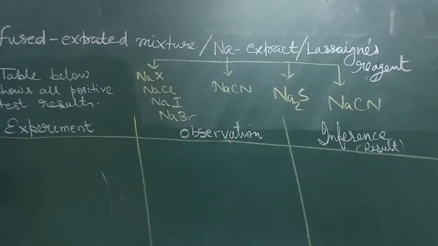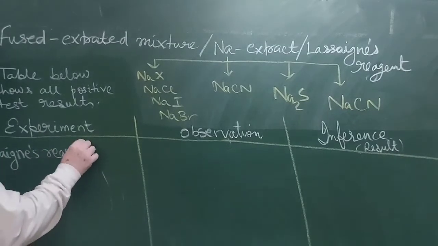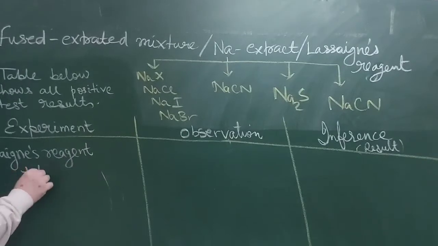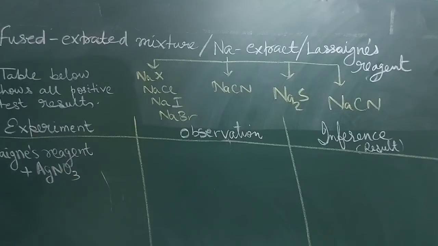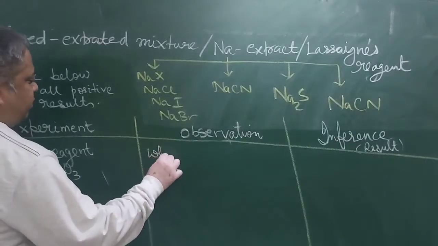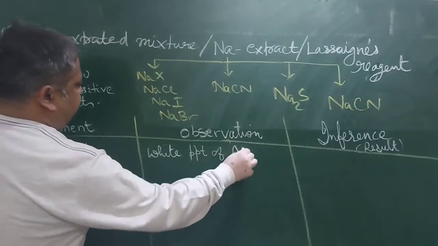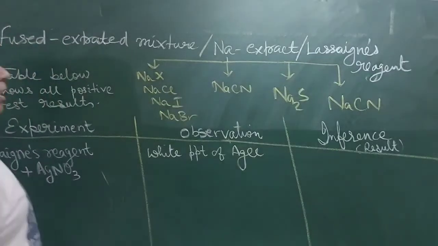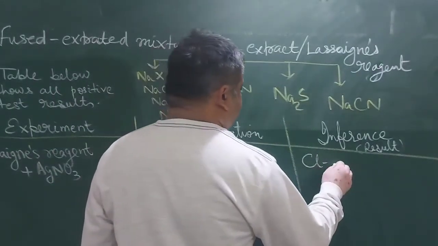Alright. So experiment number 1. Lassaigne's reagent plus AgNO3. So if you get white PPT of AgCl, that means chloride is present or chlorine element is present.